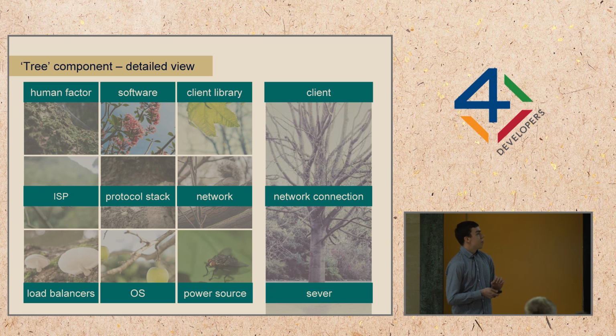On the network, we have the network itself, so the cabling, the hardware, the protocol stack, the ISP that provides us with a connection to the internet, or multiple ISPs. On the client side, we have the client library, something we usually provide in the form of, I don't know, a binary file or a contract.